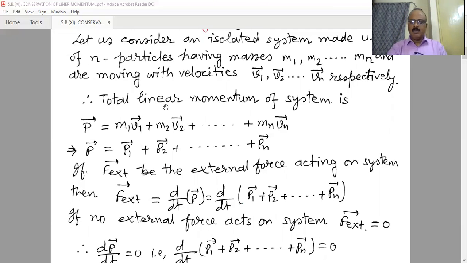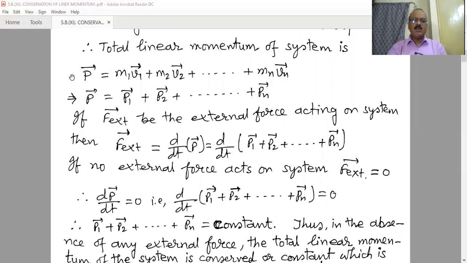So when there are n particles in the system, the total linear momentum P will be m1v1 vector plus m2v2 vector plus m3v3 vector plus mnvn vector. That is nothing but the vector sum p1 plus p2 plus up to pn, the individual linear momenta of each particle of the system.